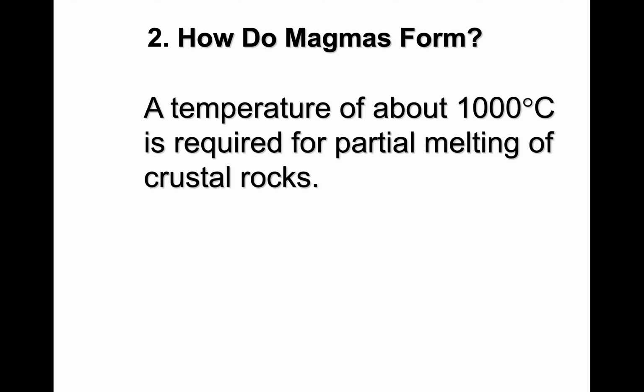Temperatures of about 1000 degrees Celsius are required for partial melting processes of crustal rocks. So we have solid crustal rocks, and we need temperatures of about 1000 degrees so that we can form the first melt out of these solid crustal rocks, and that we are calling partial melting.